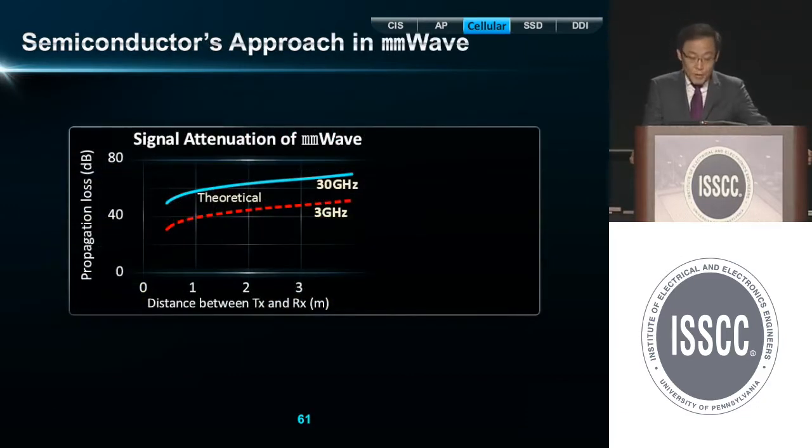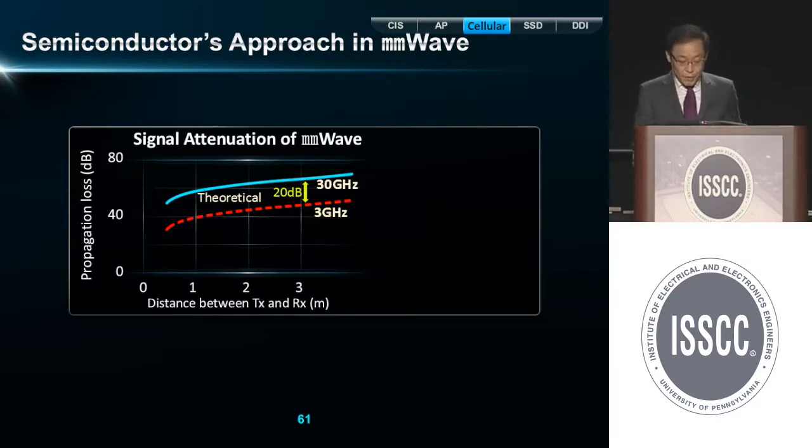This slide shows how silicon can tackle challenges in next-generation mobile communication. Take one step further into millimeter wave. Millimeter wave implies more propagation losses than current cellular frequencies. Here from this figure, we can see almost 20 dB more loss at 30 gigahertz compared to 3 gigahertz.